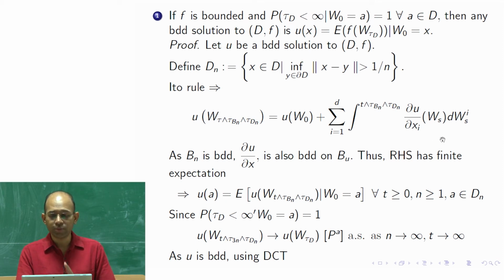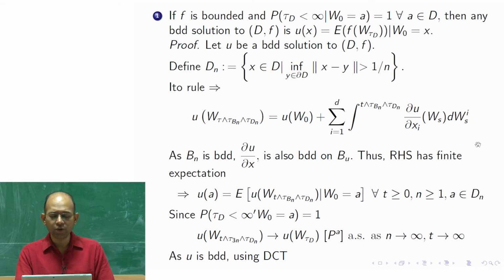Now what we are going to observe is that this term would not appear here. Why? Because when i and j are different, since a d-dimensional standard Brownian motion has all components independent, the cross covariation of W_i and W_j would be 0 when i is not equal to j.